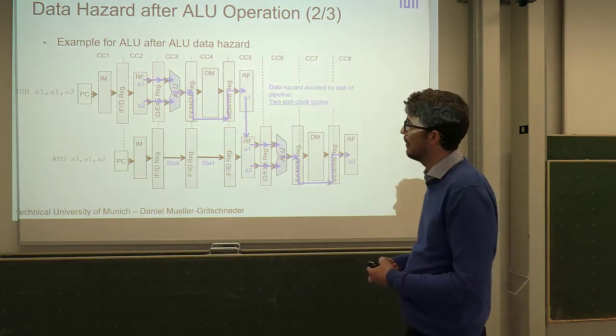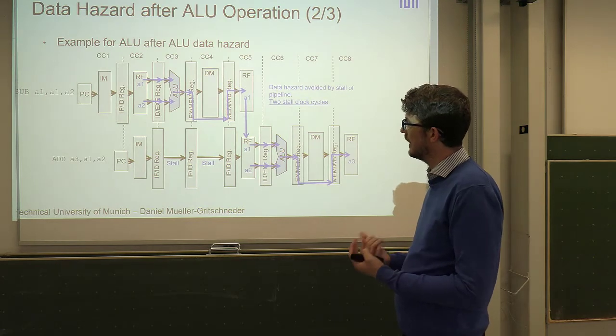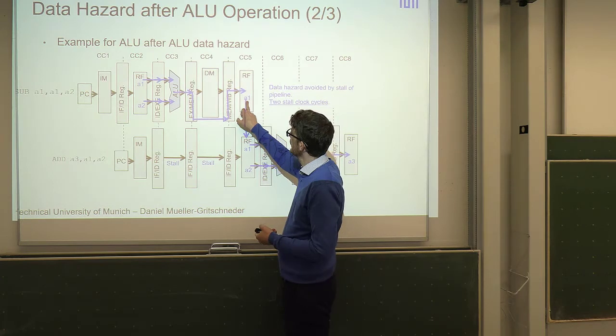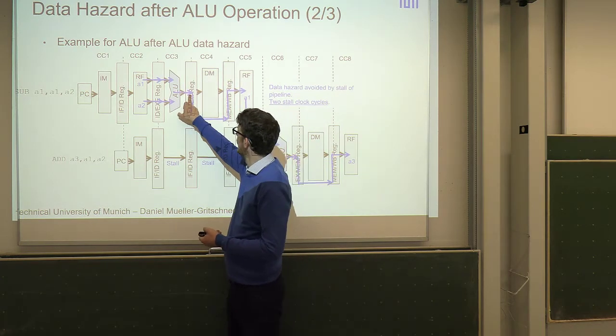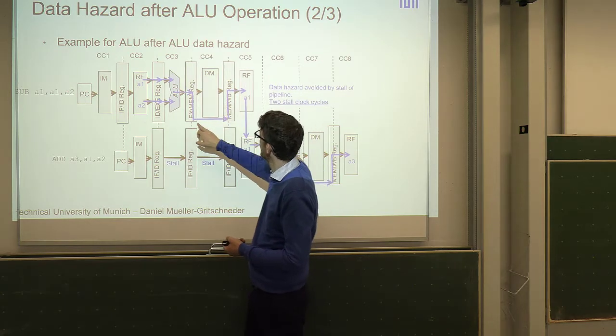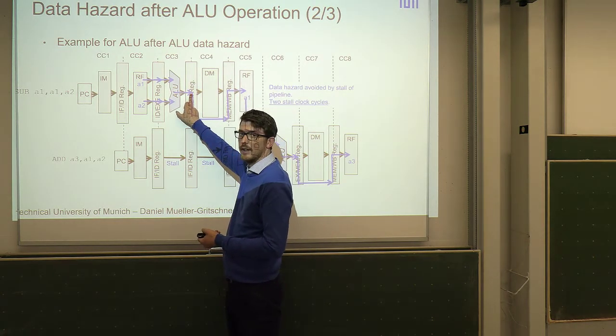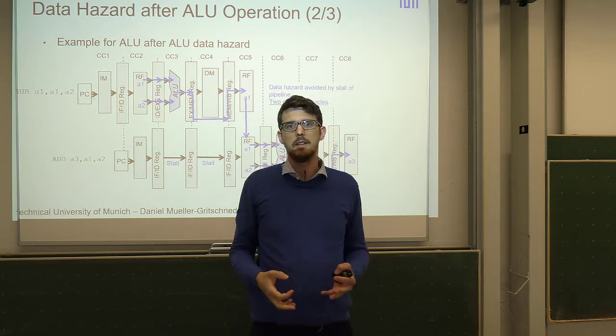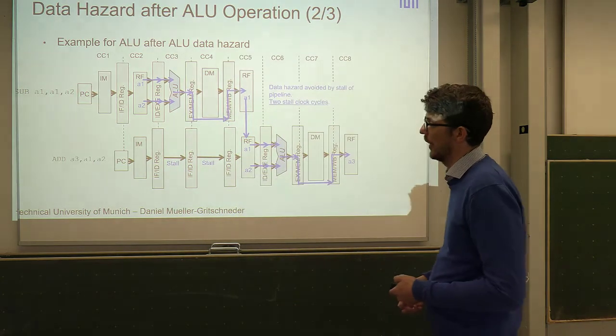But here the situation is even better. If you look into it, we see this result we actually already have here, right? We just copy it into this register in the register file, but we know it already after the ALU operation. Already in this stage we know the value of this subtraction.